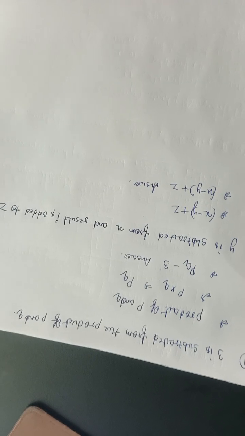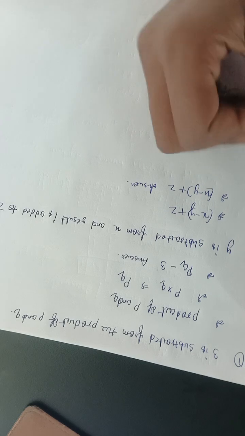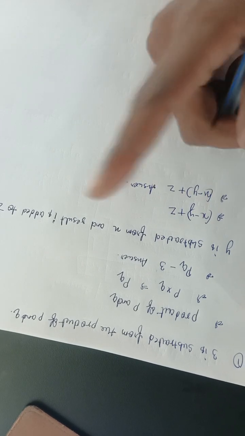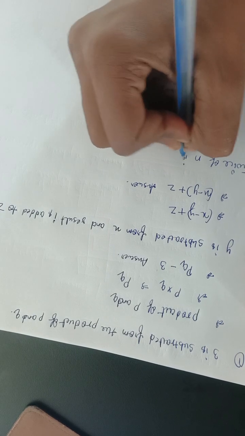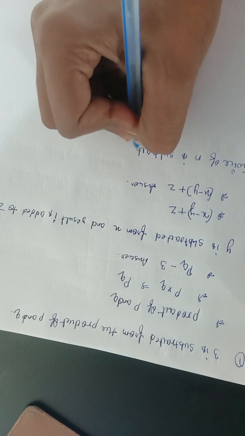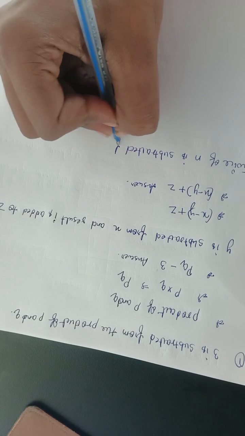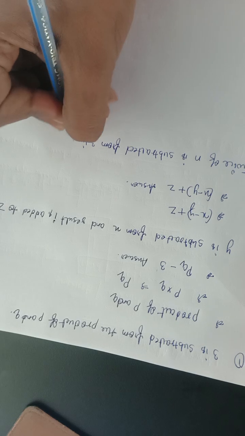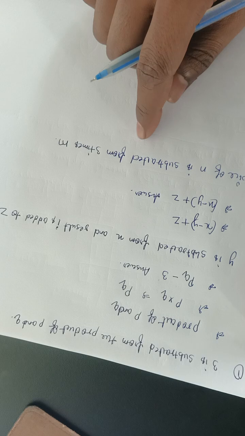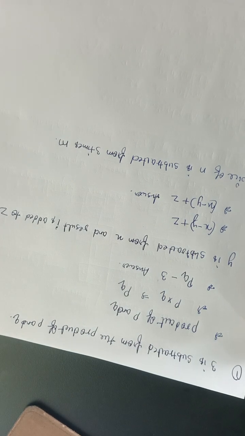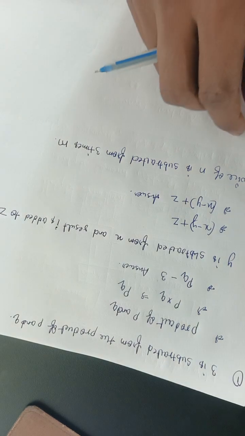Okay. So next it is saying question number third, that is twice of n is subtracted from 3 times m. Twice of n is subtracted from 3 times m.